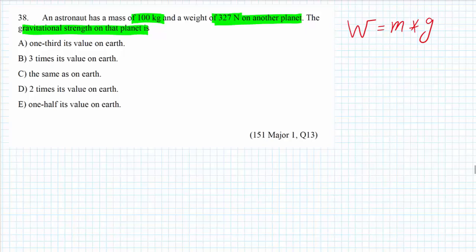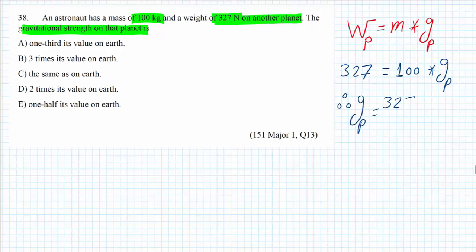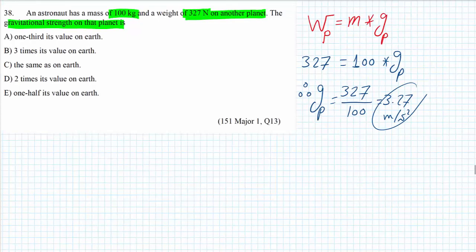On another planet, the weight on the other planet equals the mass times the gravity on the other planet. The weight on the other planet, he gives it to us, 327. The mass of the object is 100 kilograms times the gravity on this planet. So the gravity on this planet is 327 divided by 100, which gives you 3.27 meter per second square.